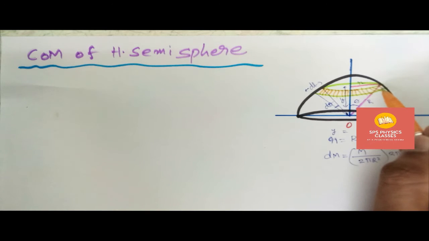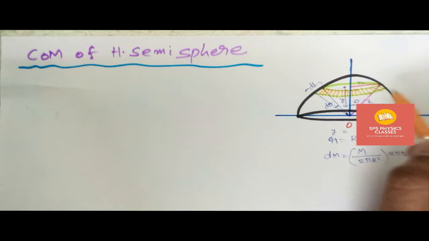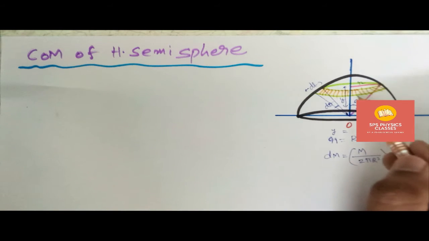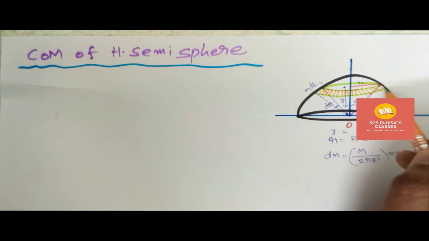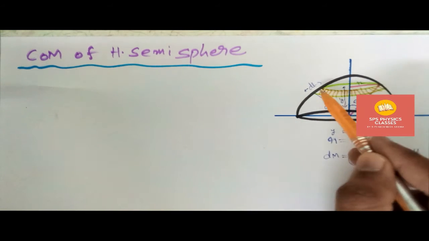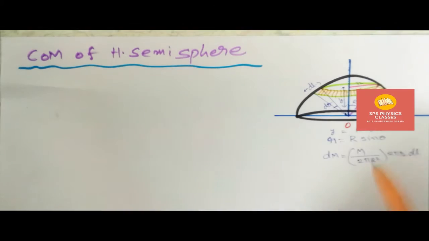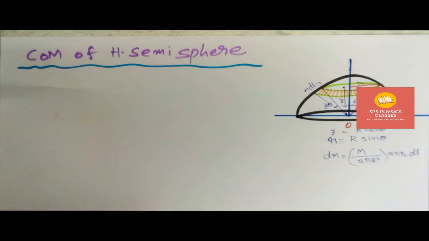Even though the element appears enlarged in the figure, we have to imagine it in the form of a cylinder with a fixed radius: the upper and bottom edges contain the same radius r. So 2 pi r into dl gives the area of the annular ring. Therefore we get the value of dm.